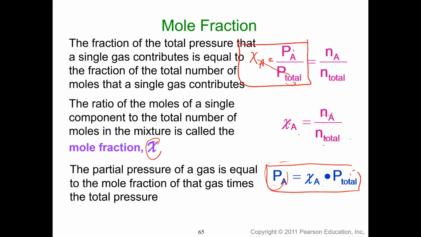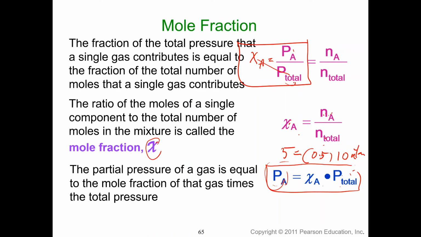Let's say the total pressure is 10 atmospheres, and the mole fraction, you can use any fraction, let's say is half. Remember, half and half is equal to 1. So if it is half, then the pressure would be 10 times half, that gives you 5. Does that make sense?